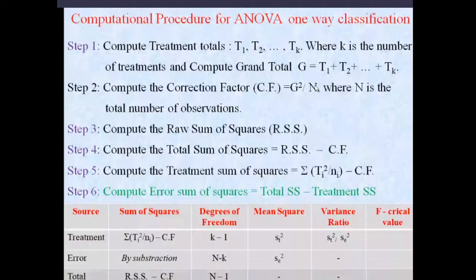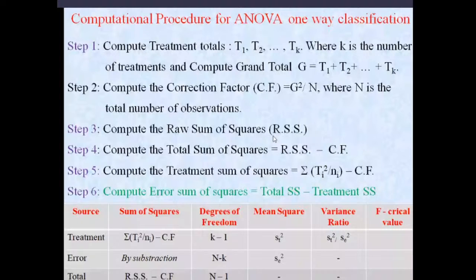Then compute the raw sum of squares. Raw sum of squares is where you square each observation and add. So y11 square plus y12 square plus y13 square, and so on up to y1n1 square, plus y21 square, y22 square, and so on, up to the last ynk square.